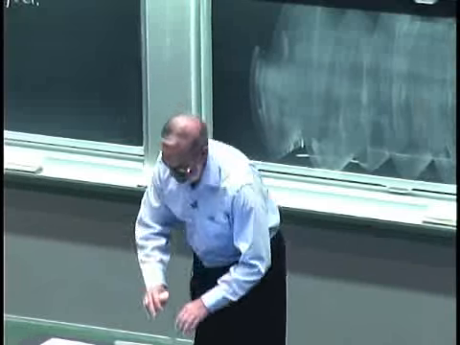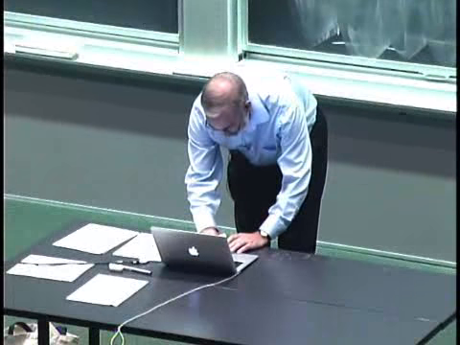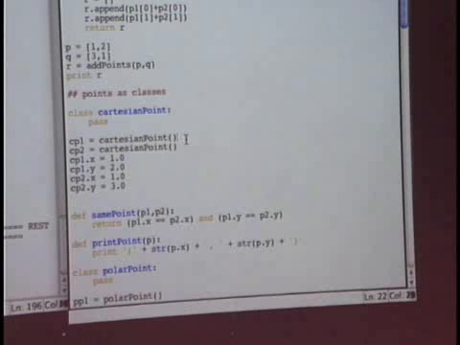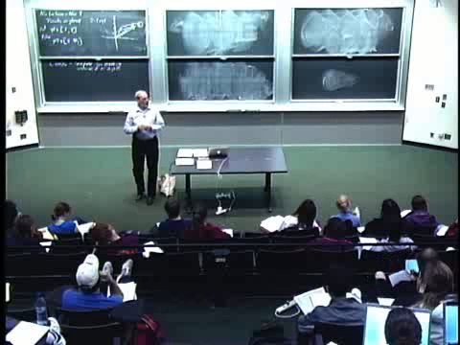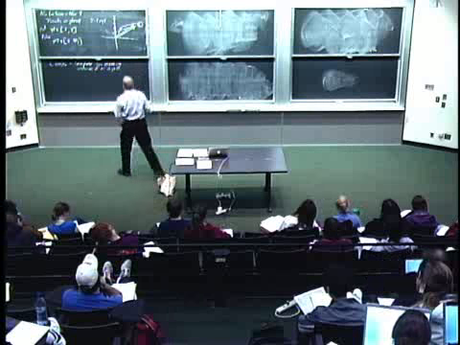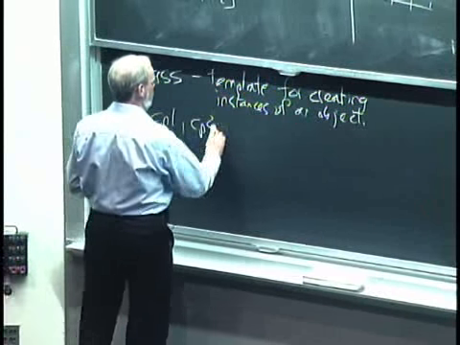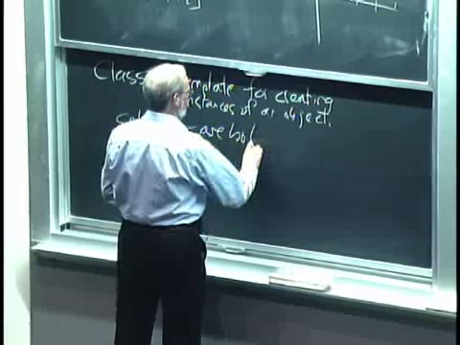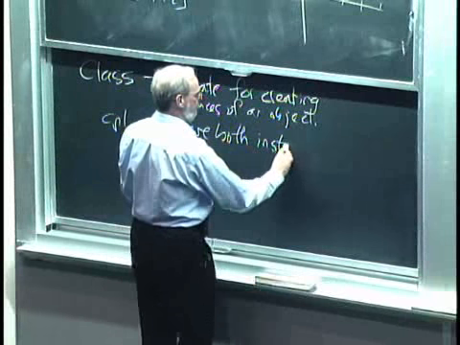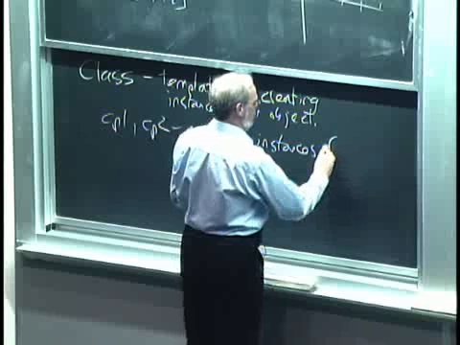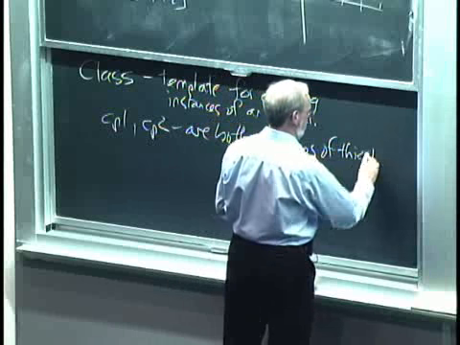Having created this thing called a Cartesian point, I'm going to create two instances of it, CP1 and CP2. Notice the form of it. It's just the name of the class followed by open paren, close paren. It's treating it like a function. What that does is that it creates CP1 and CP2, which are both instances of this type.